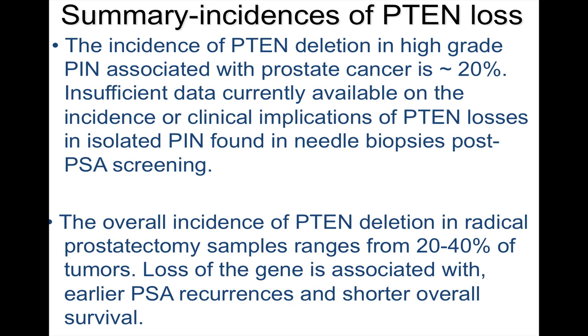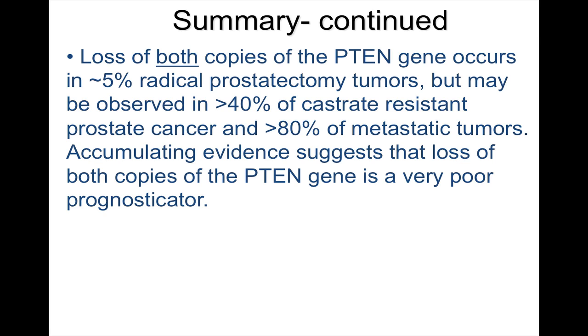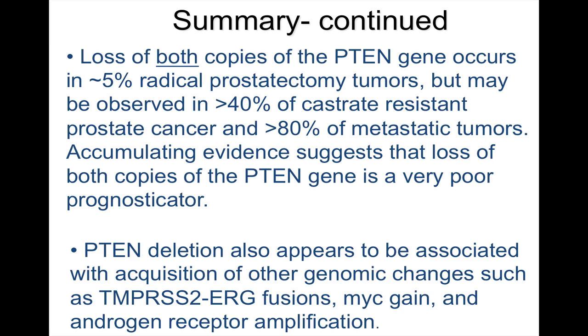And the loss of the gene is associated with earlier PSA recurrence, as I described, and also shorter overall survival. Loss of both copies of the PTEN gene occurs in about 5% of radical prostatectomy samples, but may be observed up to 40% in castrate-resistant prostate cancer and as high as 80% in metastatic tumors. So there's really accumulating evidence suggesting that loss of both copies of PTEN is a poor prognosticator.